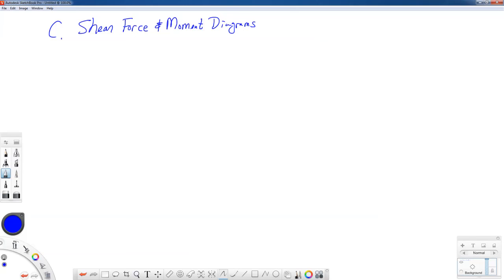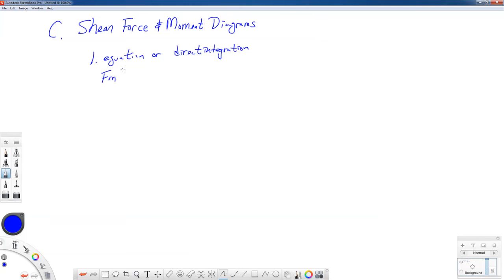Now the first method is what I'll call the equation method or the direct integration method. In this case, we want to find the distributed load equation of the beam, and we want to apply those rules that we just saw to integrate it once for the shear force, and integrate that resulting equation to get the bending moment for the beam, and then make a plot.